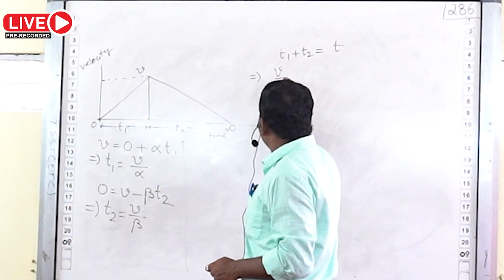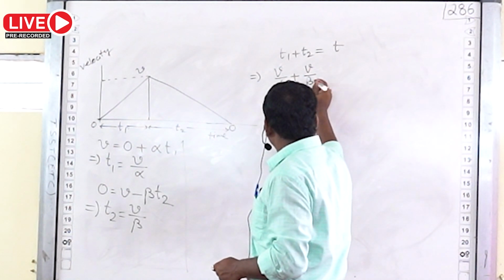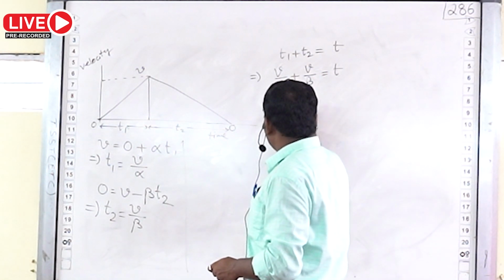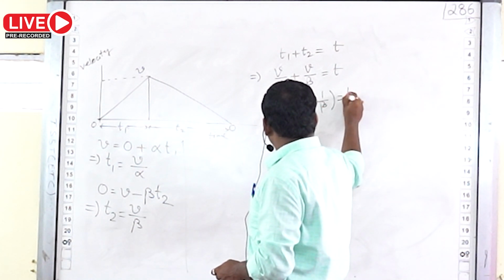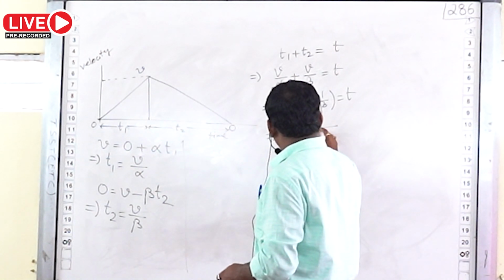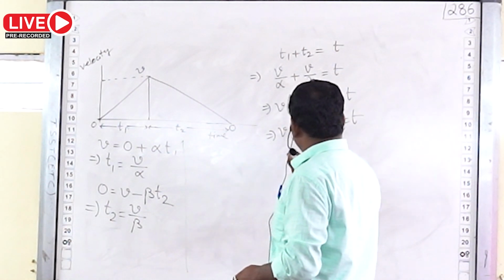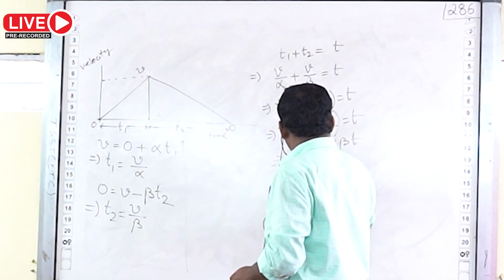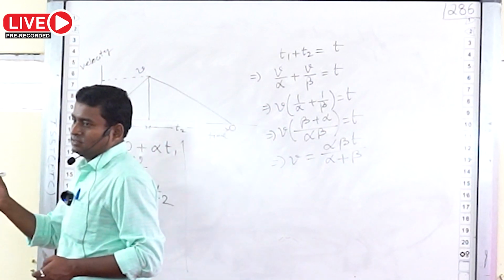It is V by alpha plus V by beta equal to T. Take V common: 1 by alpha plus 1 by beta equal to T. Then take the LCM, beta plus alpha. Then V will be alpha beta T by alpha plus beta. This is the answer.